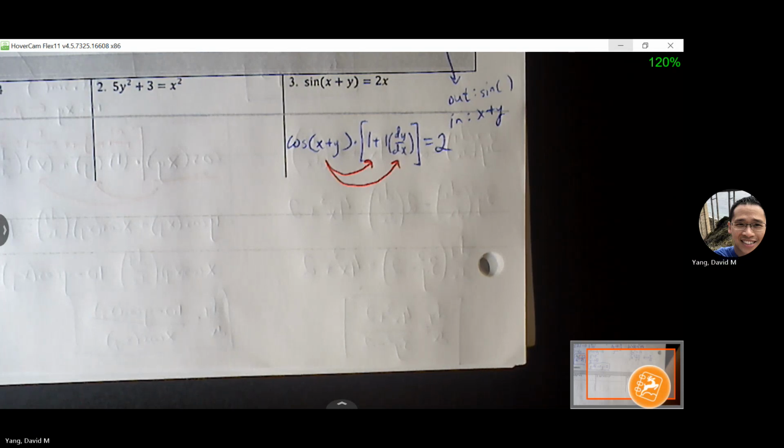Next page. Let's get down to number 9. Page 13, number 9.